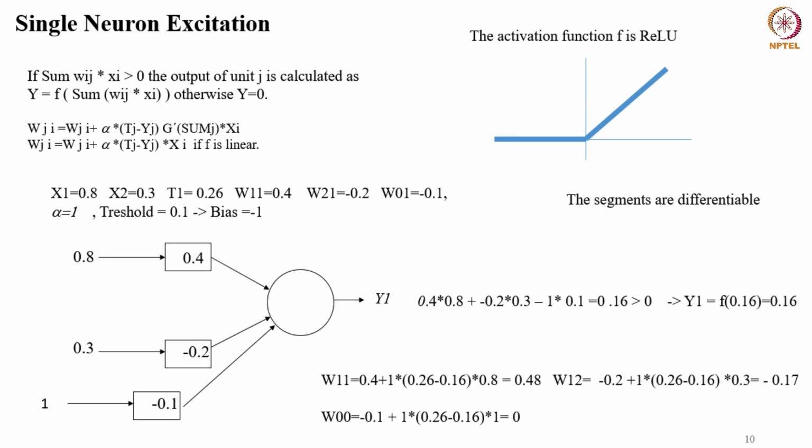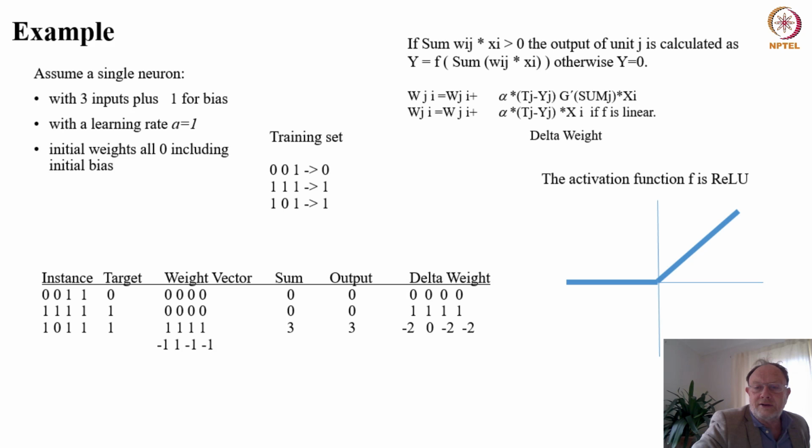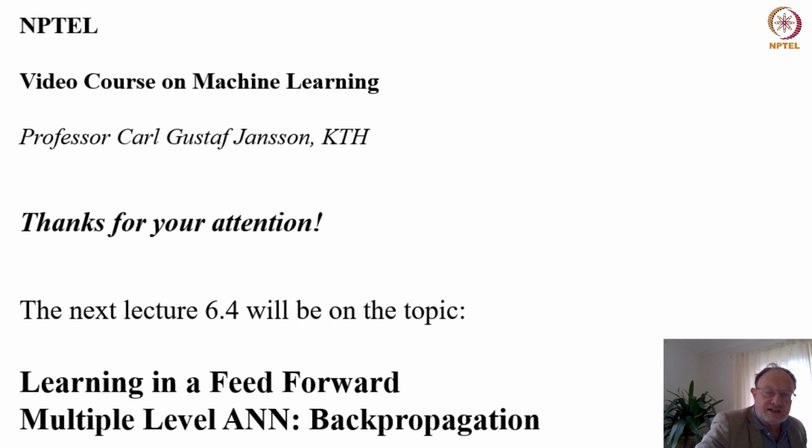You also get another example here, which is also the same as for the perceptron, with 3 inputs, and the result is shown in tabular form. This is the end of the lecture.